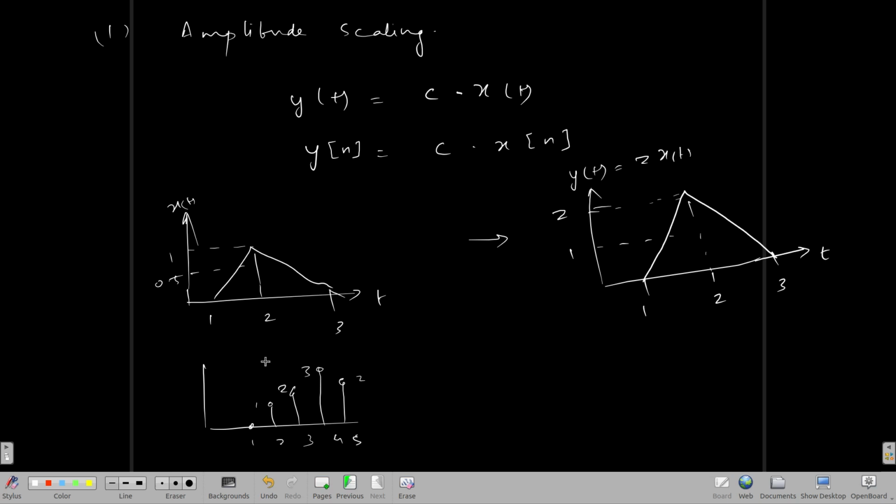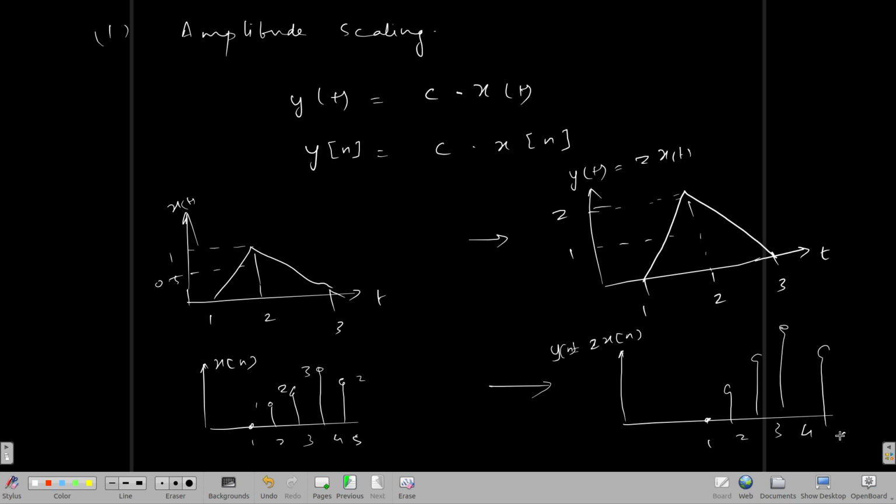Okay, let this be x of n, and if this is 2x of n, that is y of n, similarly, it will be 1, 2, 3, 4, 5, that won't change, but the amplitudes will be 2, 4, 6 and 4. Only the amplitude changes for the corresponding time.